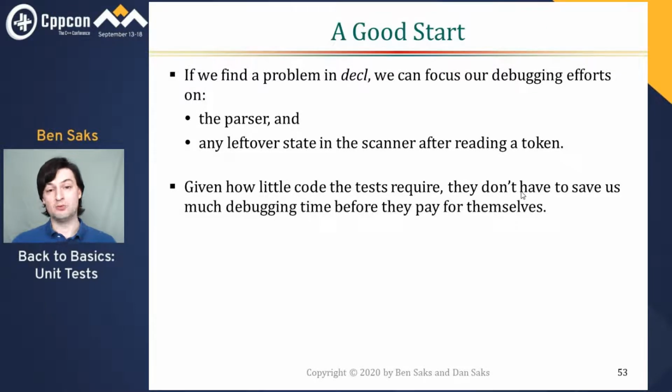I want my tests to focus on the public interface because what that tells me is then if all of those tests are passing, I know that I've managed to update what the scanner is doing without breaking any of those existing tests. Now, I don't want to be too absolutist about this.